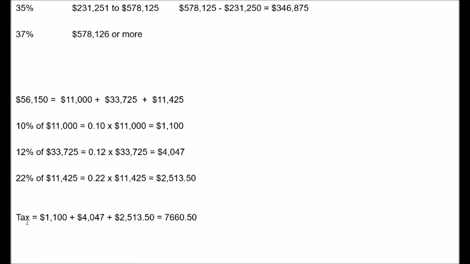And so the tax will be 1,100 plus 4,047 plus 2,513.50, and that will be $7,660.50. So that's how we calculate the tax for the taxable income of $56,150.